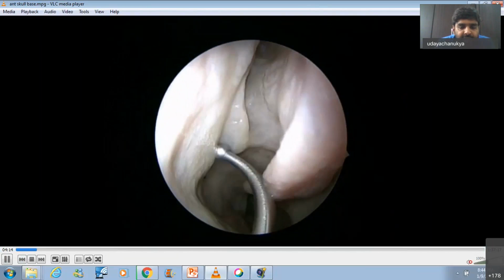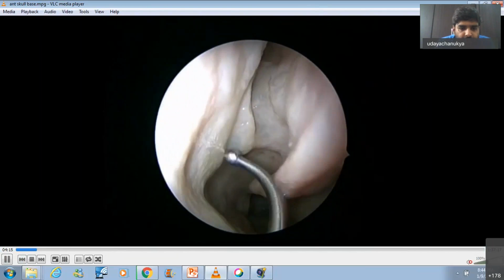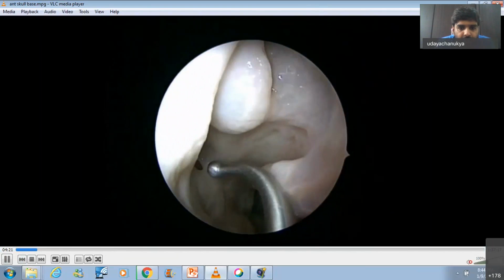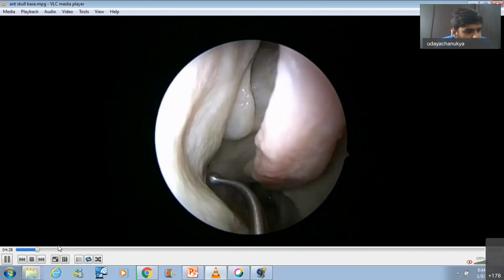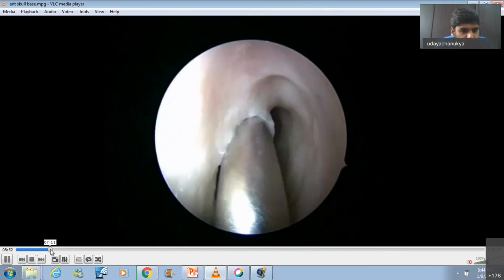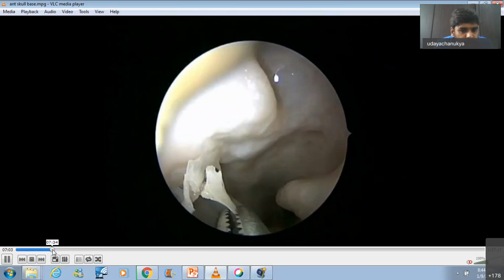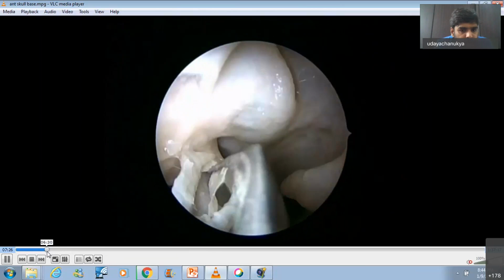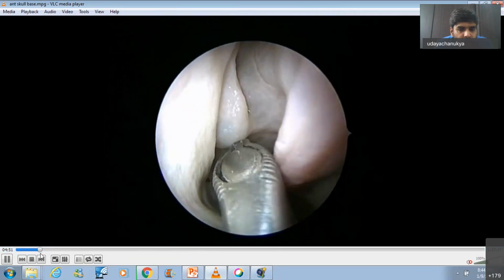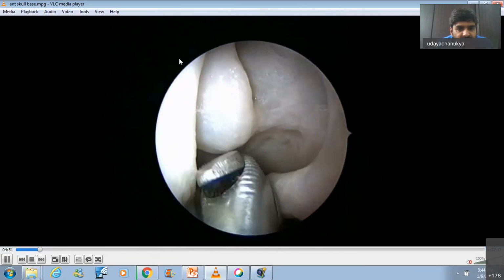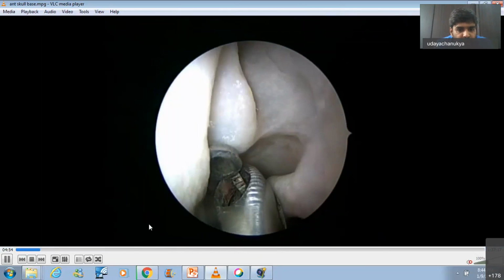First, we will start with an MMA. This is the vertical part and horizontal part.